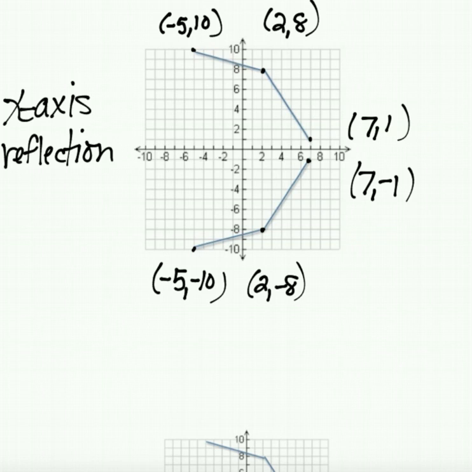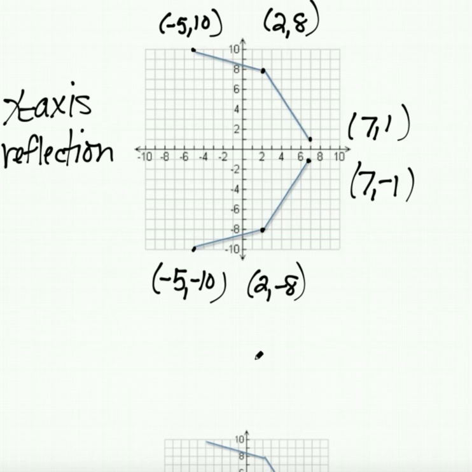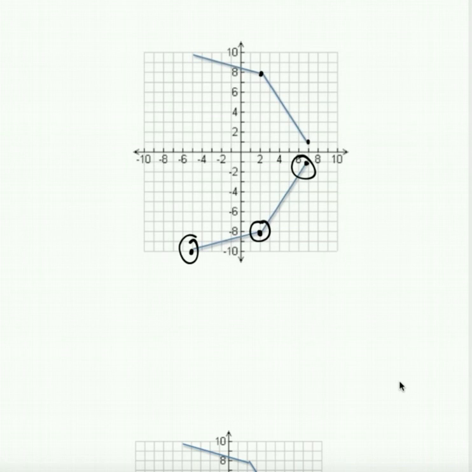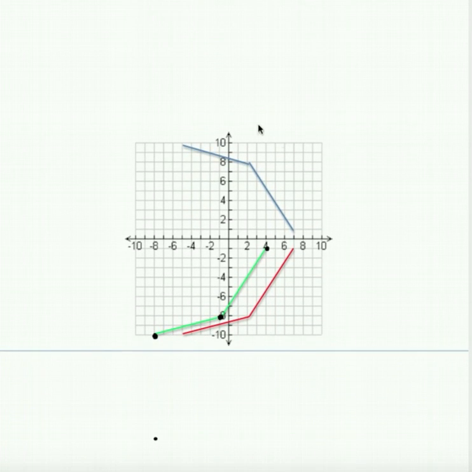Referring back to our original problem, the second piece says to take that new image and move it to the left 3. So I'm going to take all of these points and shift them all to the left 3. I've taken those 3 points, which is this red graph, and shifted each of those points to the left 3 units.